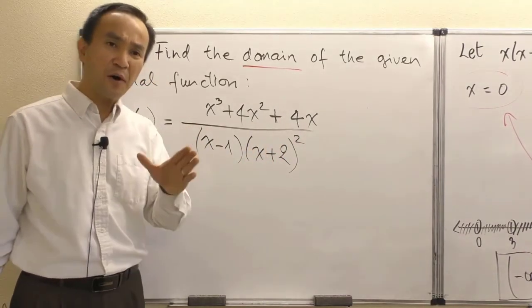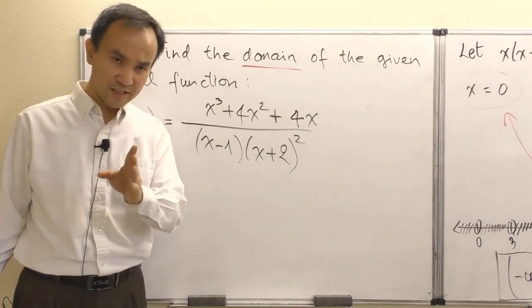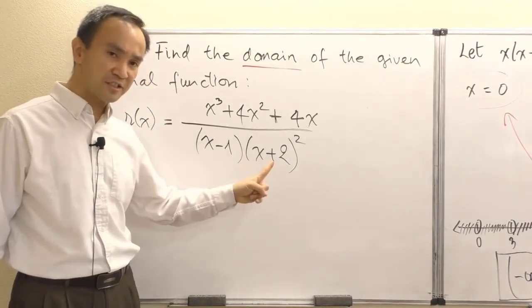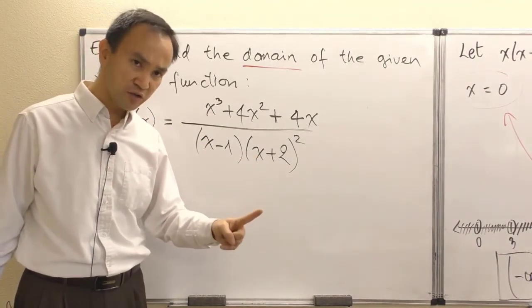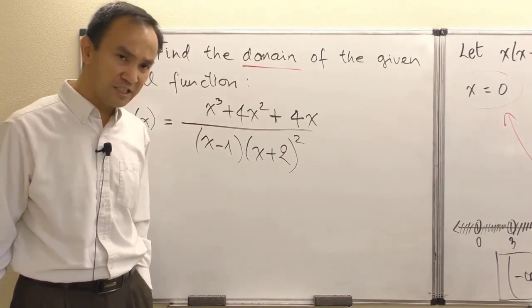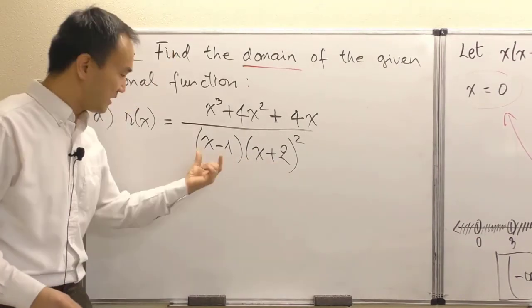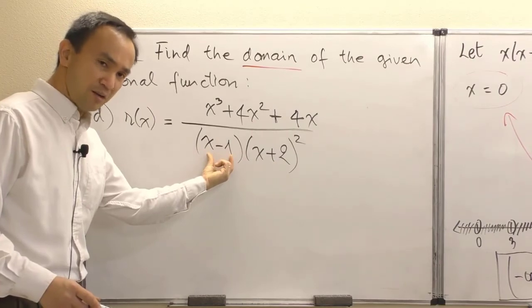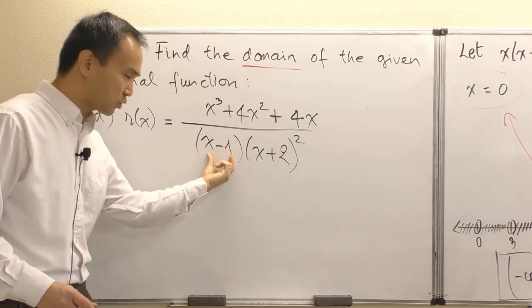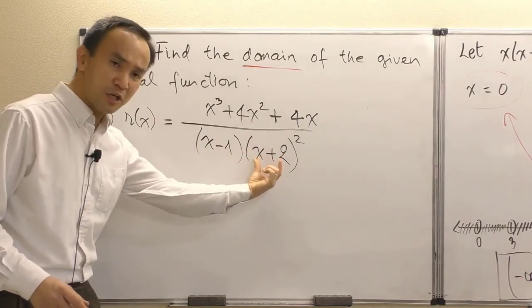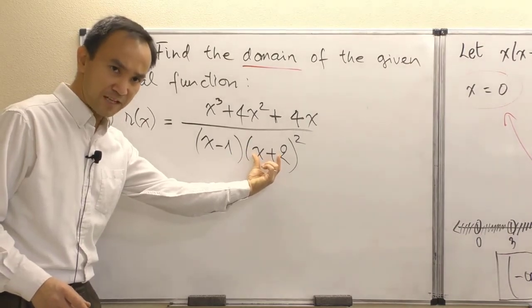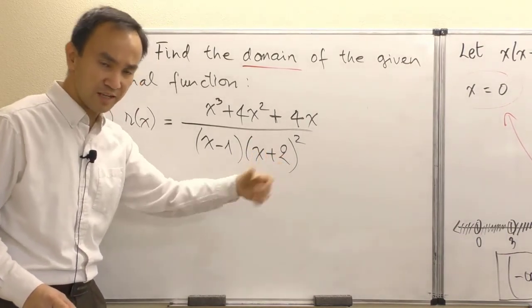However, as far as the distinct linear factors that are responsible for the zeros of our denominator, we only have just 2. x minus 1, that's one of them, responsible for x equals 1 later on. x plus 2 is another one. That's responsible for x equals negative 2 as another zero right there.